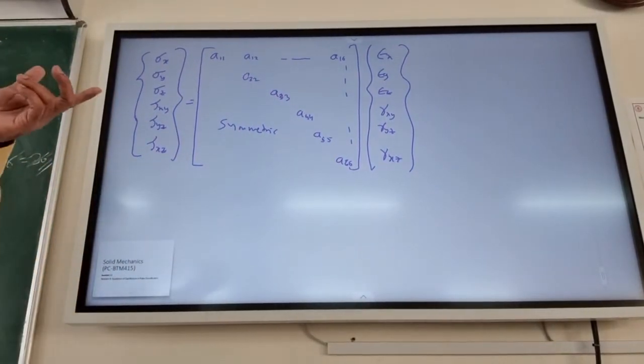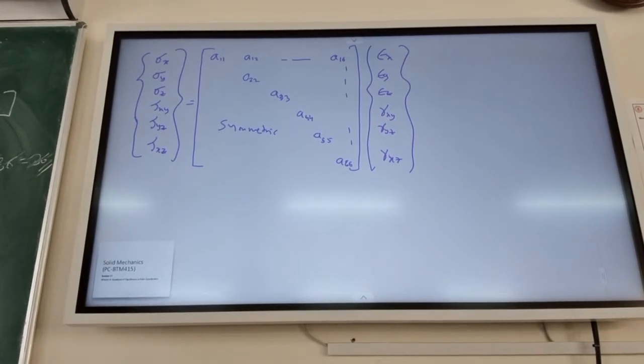So the equations can be written either as sigma in terms of epsilon or epsilon in terms of sigma, the way we wrote in yesterday's class.